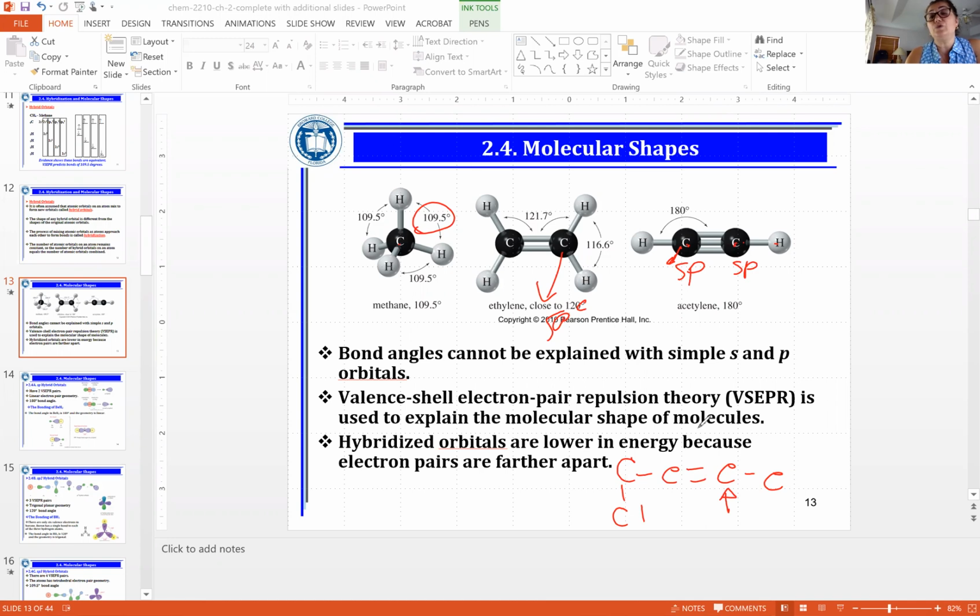If it carries 2 pi bonds, it is going to be sp. If it carries no pi bond at all, only sigma bonds, it is going to be sp3. So sp3 is 4 sigma bonds, sp2 is 1 pi bond, and sp is going to be 2 pi bonds. That could be 2 double bonds or 1 single bond and one triple bond.